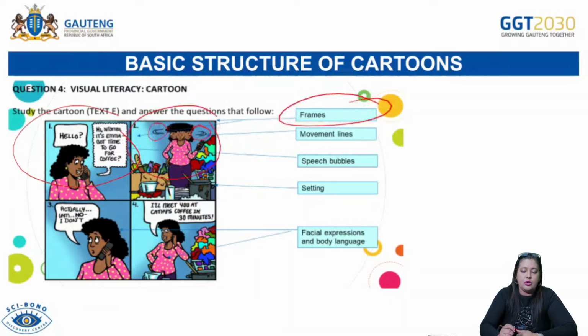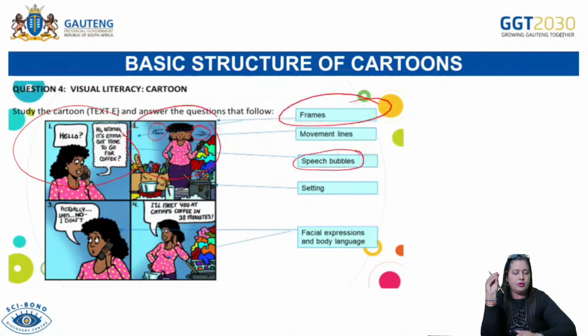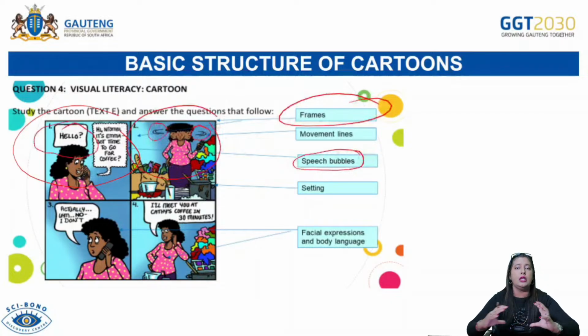Then you've got also within the frame what we call speech bubbles. Now there's a difference between the speech bubble and the thought bubble, which I'm going to show you just now and explain the difference. If you're looking at the first one, notice it's a solid line in terms of the bubble, and that is the speech bubble.